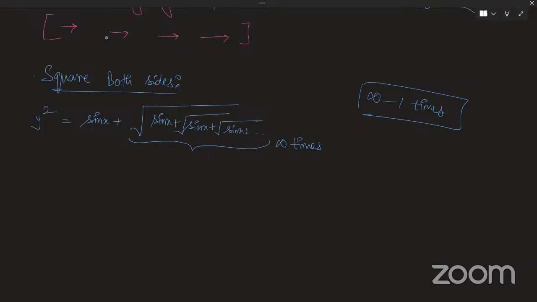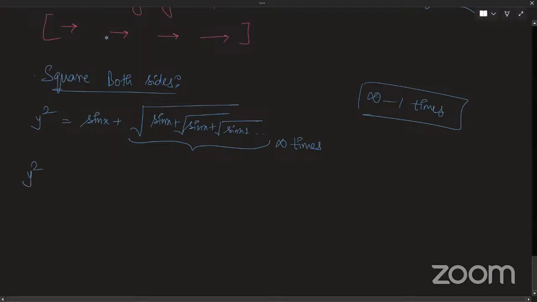Do you agree? If you take a bucket out of an ocean, it still remains an ocean. It won't change into a river. So infinite minus one is also infinite, because infinity is a very, very large number. You subtract any finite number from it, it still remains infinity.